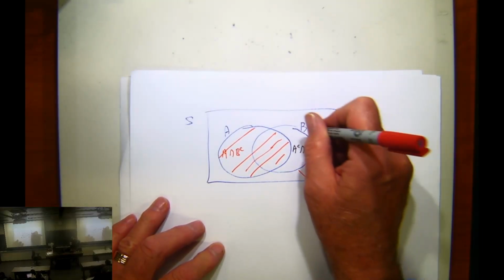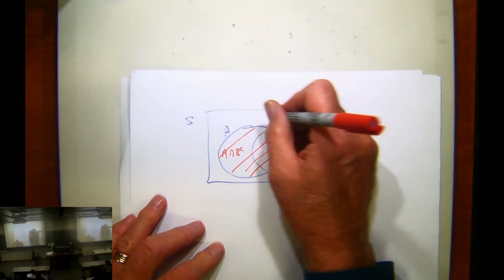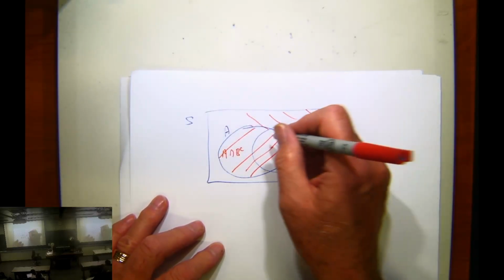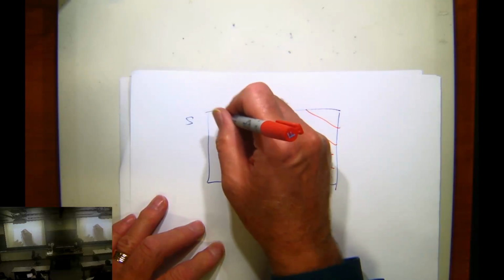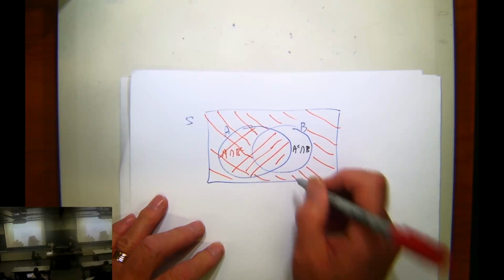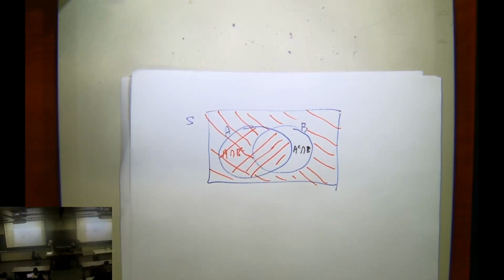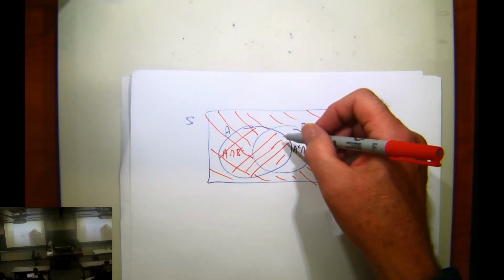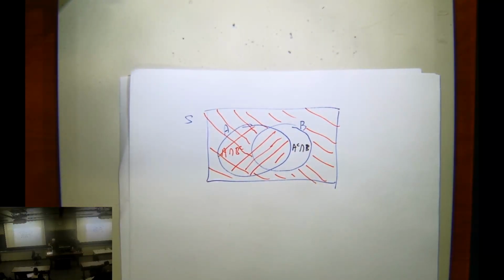So I'm going to shade in my B complement, everything outside. And so everything that's got red shading is A united with B complement. But the only thing that doesn't get shaded is this section that we want, the A complement intersect B. So what we need is the complement of that union. And so your correct answer is B.